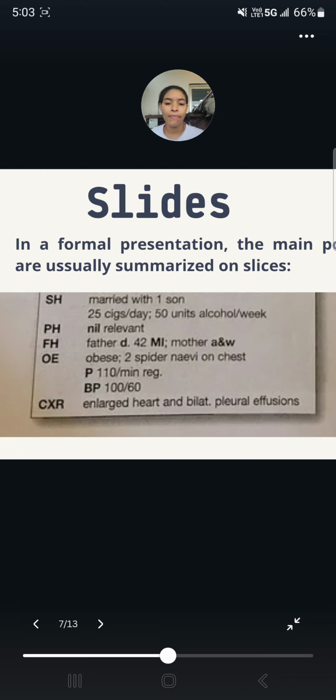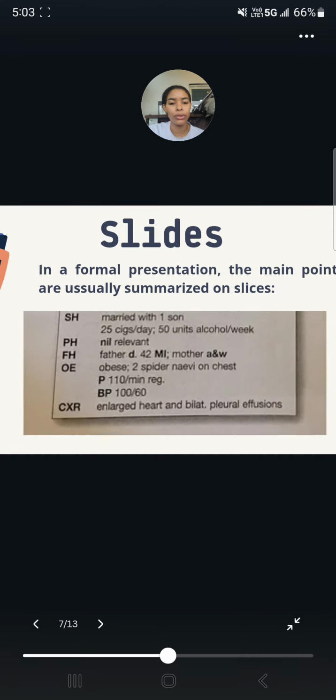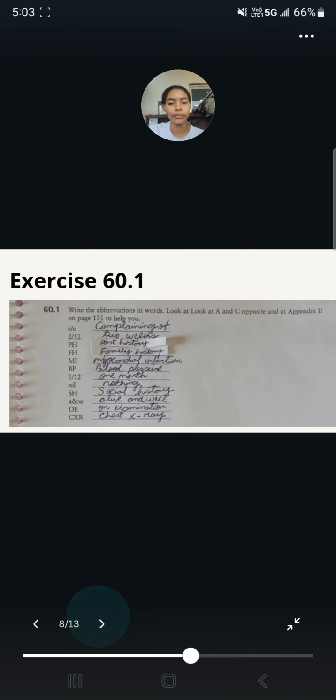We have the FH, family history: father died, 42, MI; mother A&W. OE: obese, 2 spider naevi and chest. We have the P, 110 per minute, and the BP, 160. And then we have the CXR, for example, enlarged heart and pleural effusions.